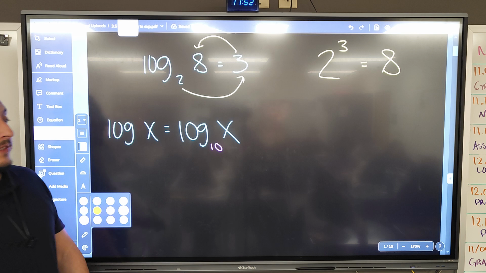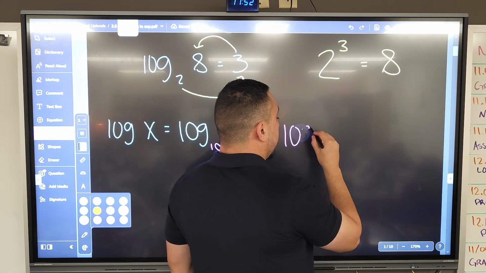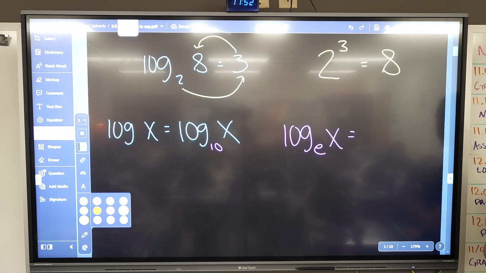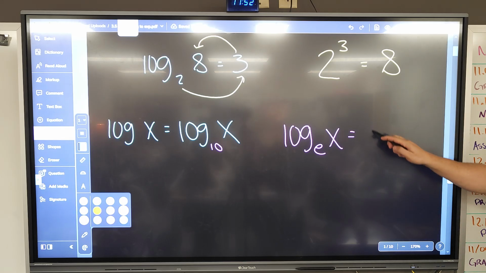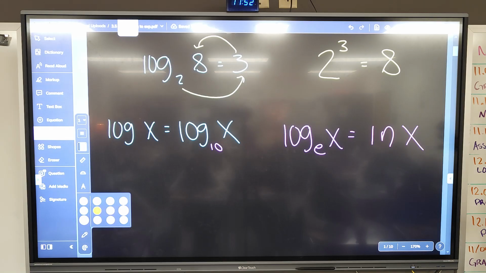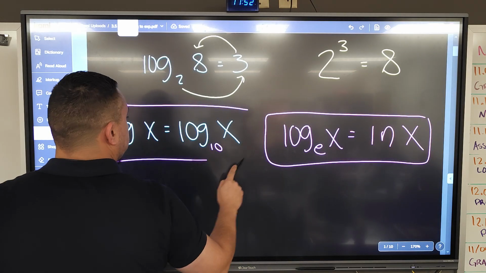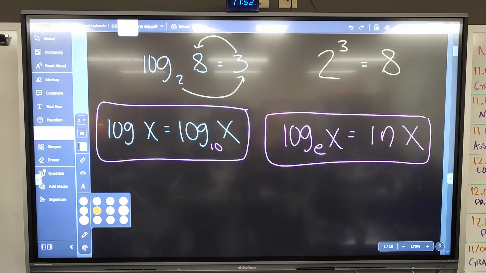The other one you need to know is a log with the base e, which is Euler's number, 2.71. That's what e stands for. You're absolutely right. But we never write log base e of x. We write ln of x. So that's another one you have to know, so that you can switch. These are just definitions, and they're very useful when we're doing these problems.